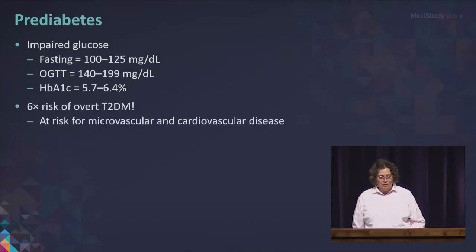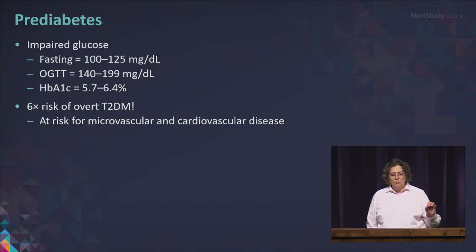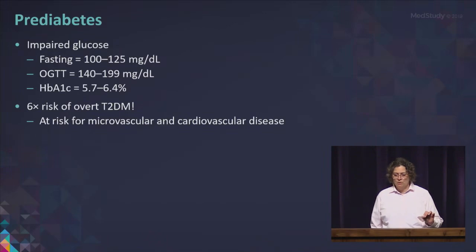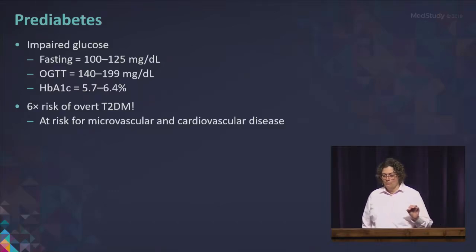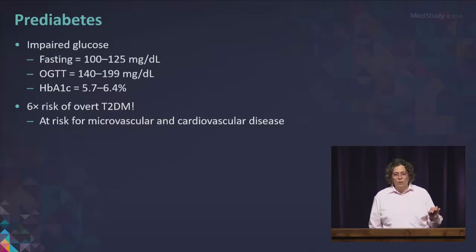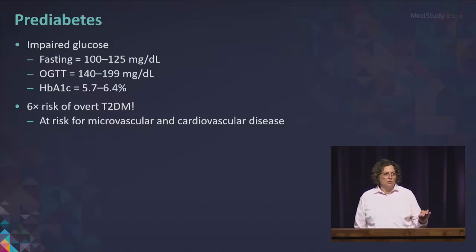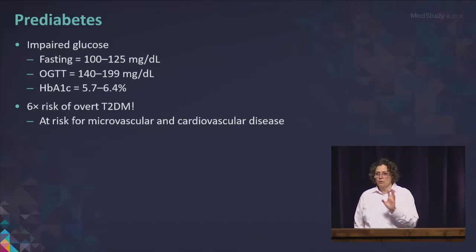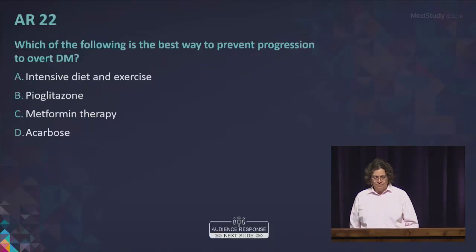It is important to understand that not only does prediabetes increase your risk markedly for developing overt type 2 diabetes, but it is also an at-risk situation for both microvascular and cardiovascular disease. So it is not without consequences. The goal is really to reverse this, or at least to prevent progression to overt diabetes. So impaired glucose tolerance, prediabetes, is a real disease that we should be very aggressive in treating.